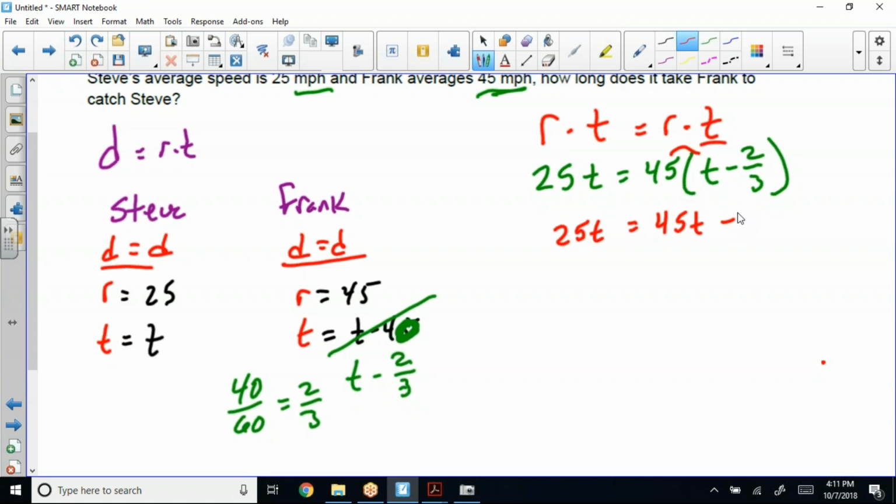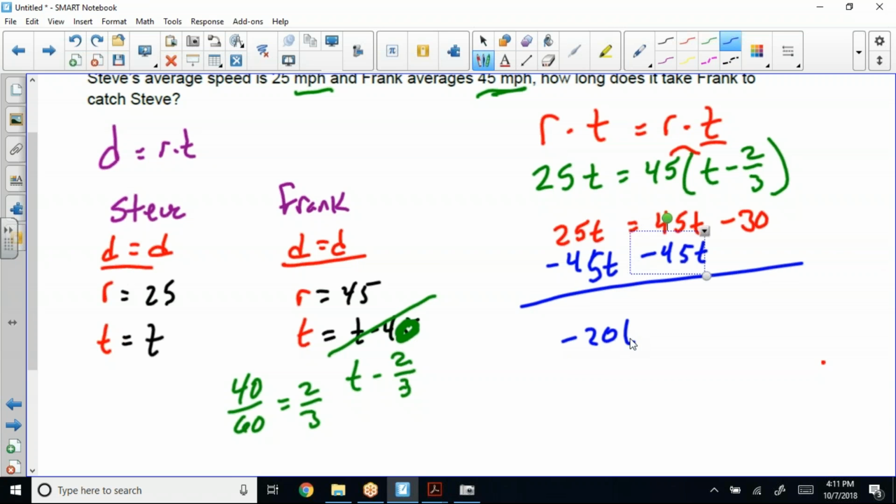If I can type this in correctly, I got 30, right? 2/3 of 45 is 30. So what we're going to do is we'll take it and we'll subtract 45T. So that would be 25 minus 45, which is negative 20T, right? Equals negative 30. So what does that give me?